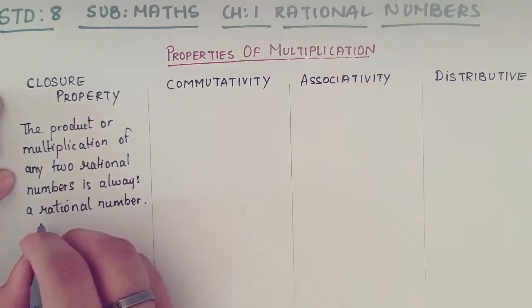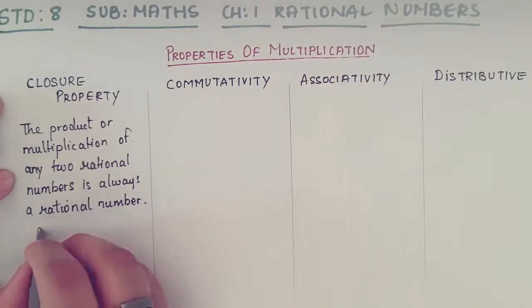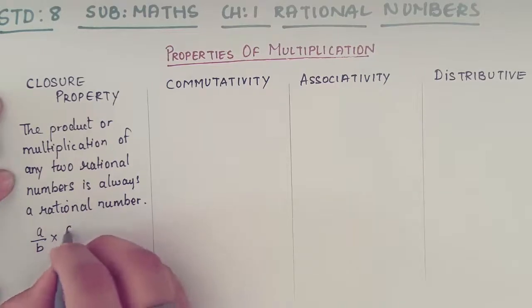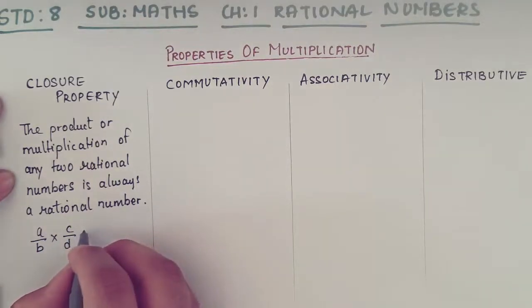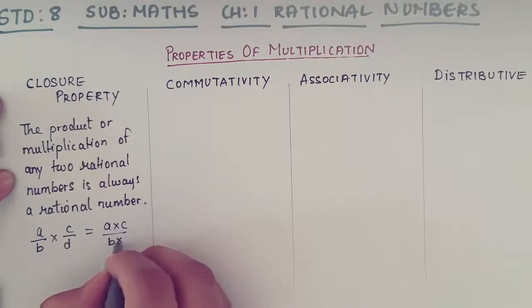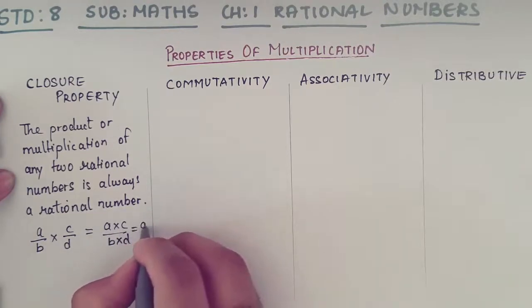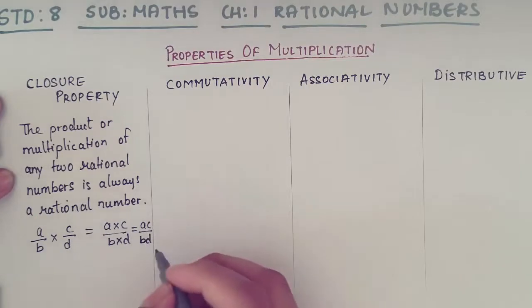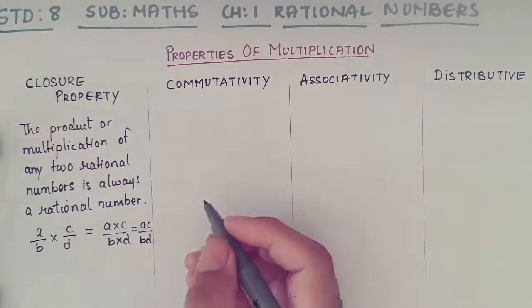Example, if we write down a upon b multiplied by c upon d, what is going to be? It's going to be a into c, b into d. So we will have ac upon bd. Okay, so this is closure property.